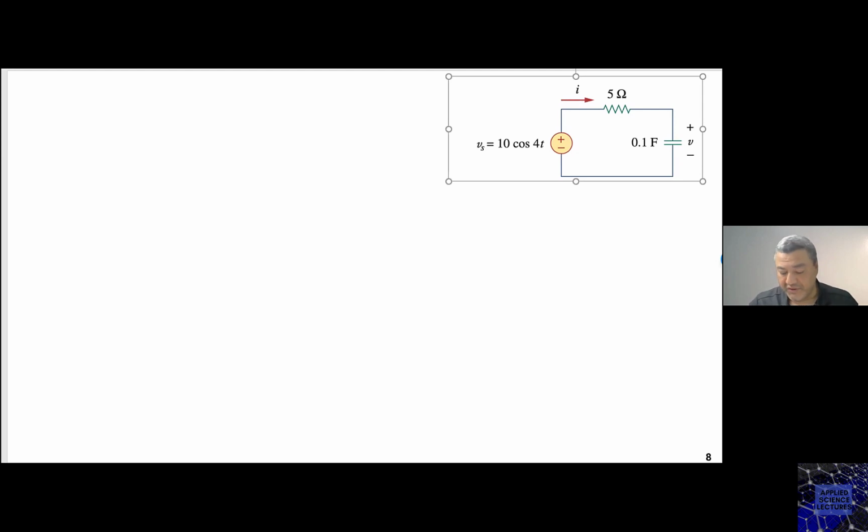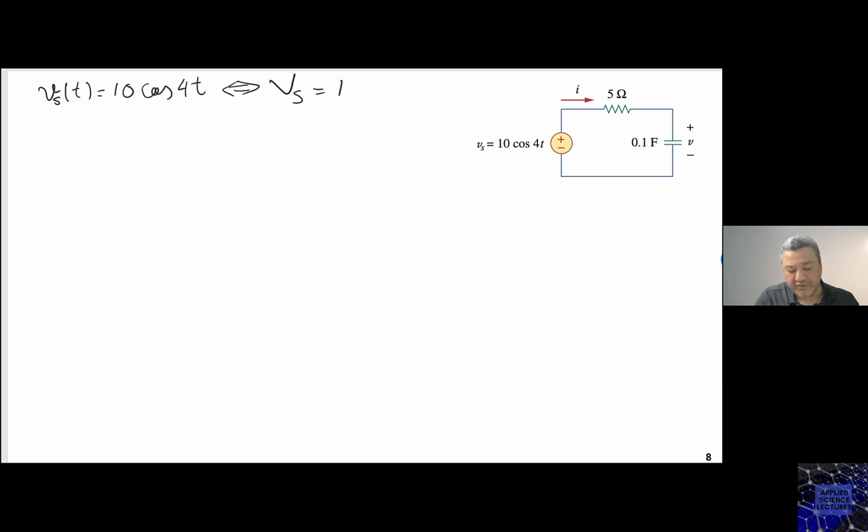Okay, find IT and VT. As I said, in this simple circuit, the first thing we need to do before anything else is go into the phasor representation. So this is Vs, time domain is 10 cosine 4t. So 4 is my angular frequency, and the phasor representation here would be capital Vs equals 10 at 0 degrees.